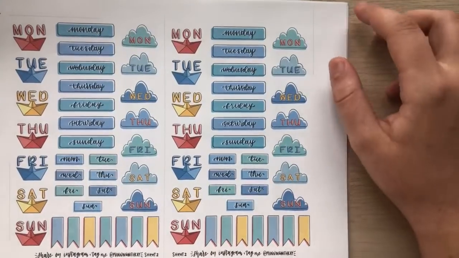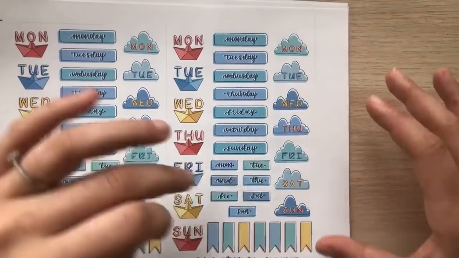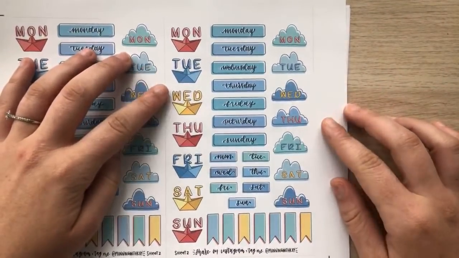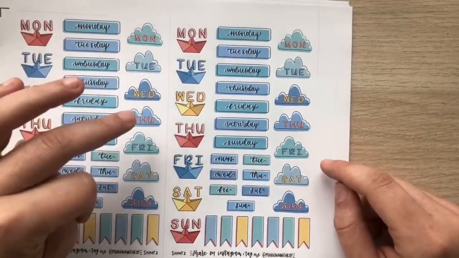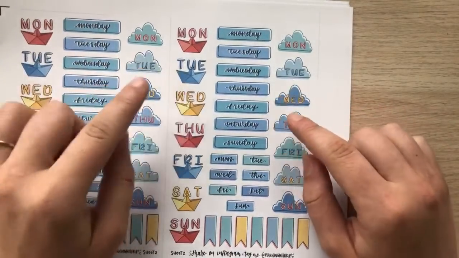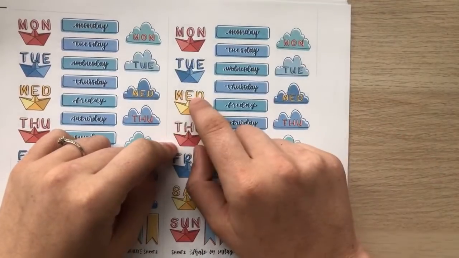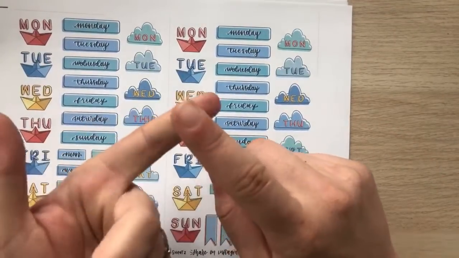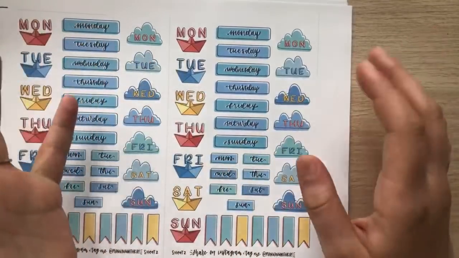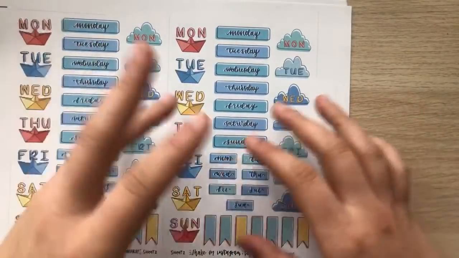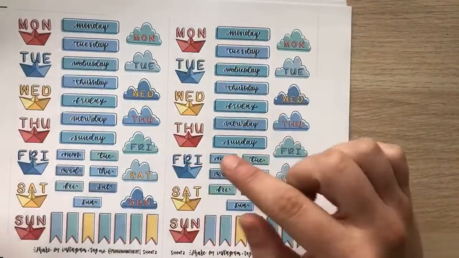And if anybody just came in and missed what I said, this is what I have right now for sheet 2, but I had originally meant to include monthly spread headers on here with this offset font. So like monthly overview, habit tracker, daily review, those kind of common ones. But when I designed this, I totally forgot about that and just did weekly headers.